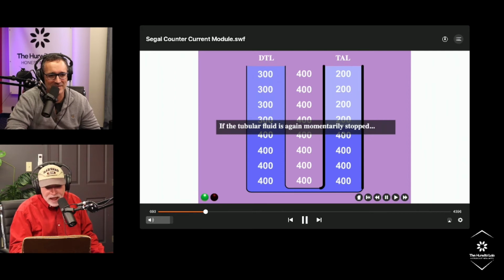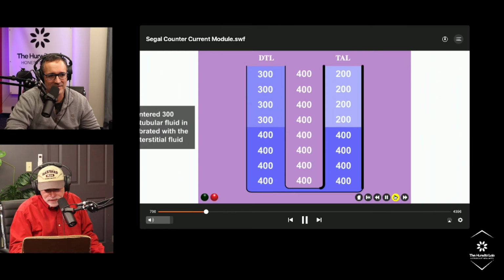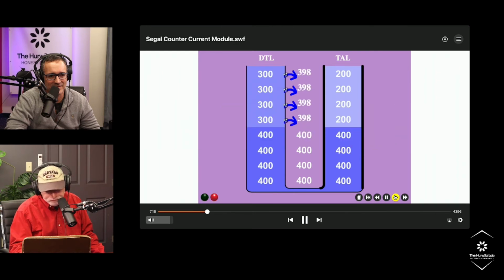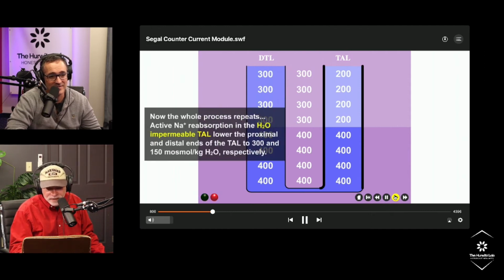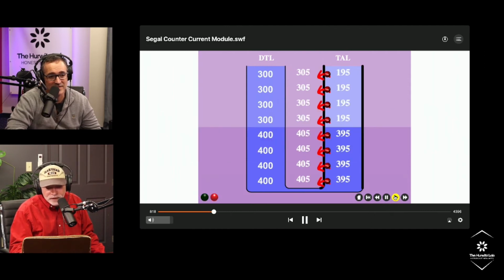And then they stop it again, and they allow you to do the same business again. Now extra water has come in, so that's going to dilute the interstitium a little bit from what it used to be. But don't worry, because we still have the pumping going on. So now the interstitium goes back up.